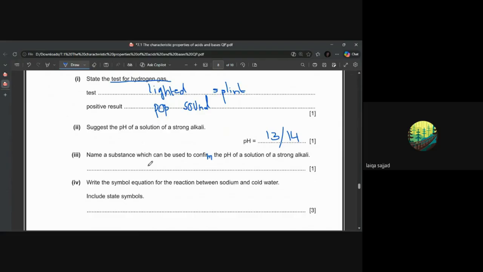Very good. It additionally helps you find the strength of a substance, whether an acid is a strong acid, whether an alkali is a strong or weak alkali. Okay, then you have to write the symbol equation for the reaction between sodium and cold water. Include the state symbols as well.